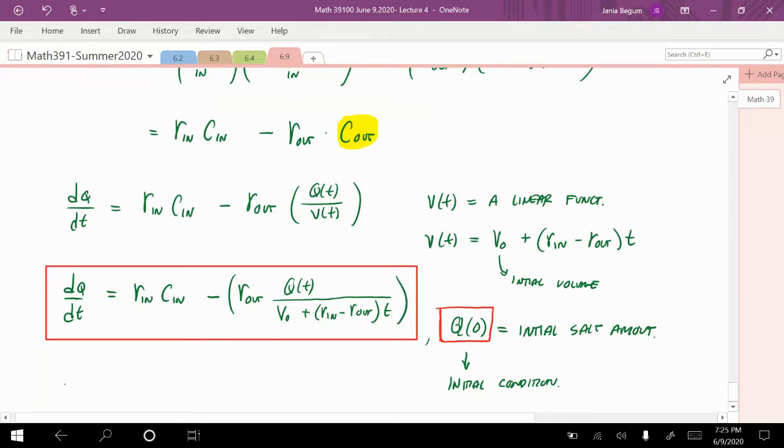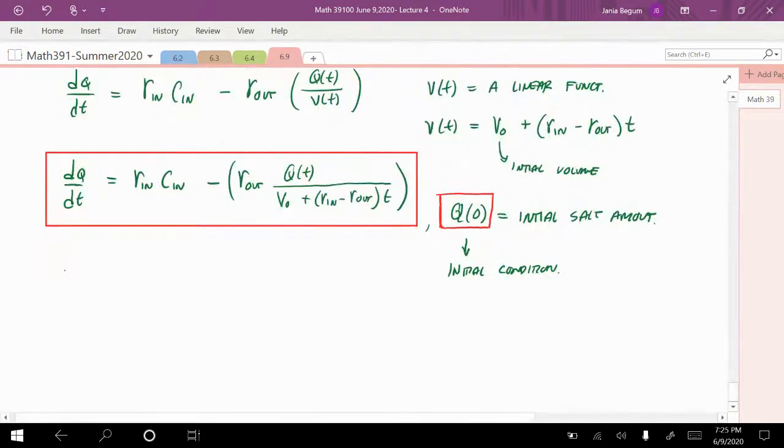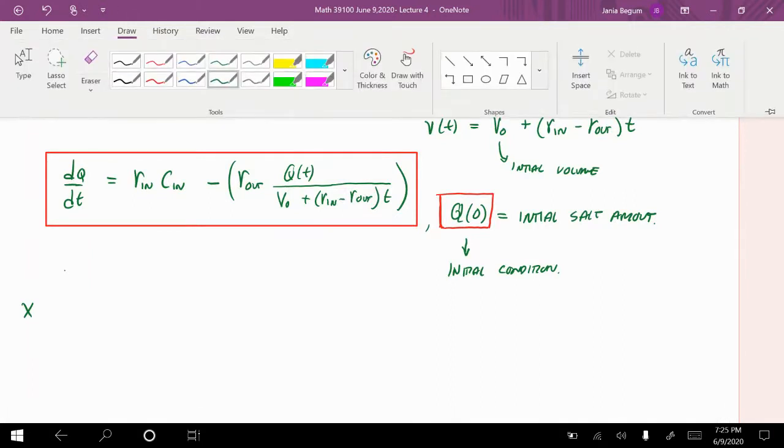Now what if your rate in is 0, or initially you have no concentration, you just have pure water coming in? What kind of equation does it become? Separable. Exactly. So here's something to keep in mind so you don't struggle with it when you're solving this equation.